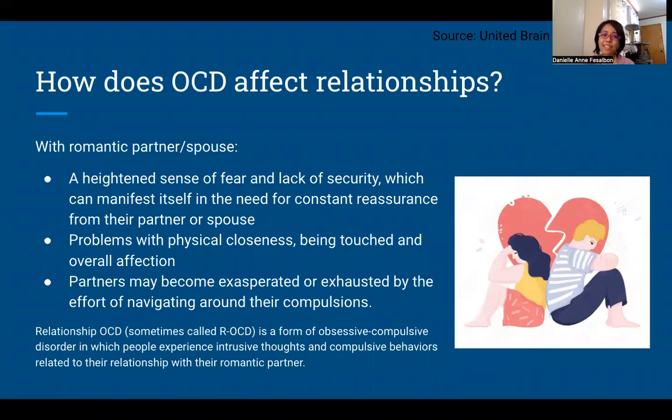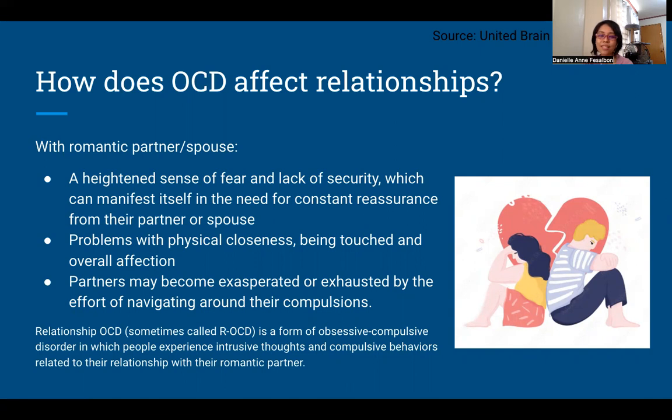So what is it like for someone who suffers from OCD when it comes to having a romantic relationship or a spouse? They often have a heightened sense of fear and lack of security. This fear can manifest itself in the need for constant reassurance from their partner or spouse. This is actually something they might struggle with.